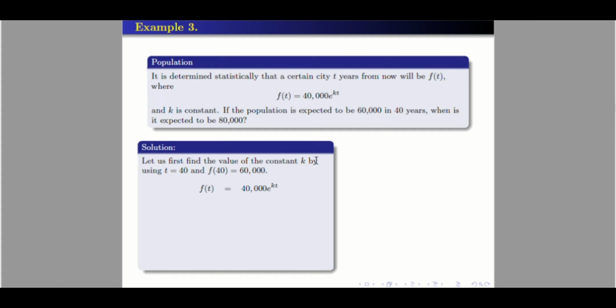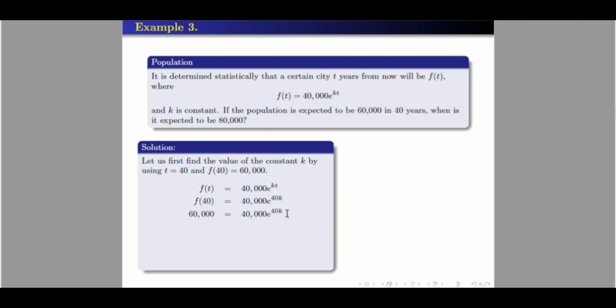So let us first find the value of the constant k by using t equal to 40 years. And of course, f of 40 is 60,000 because this is the population in 40 years. So f of 40 equals 40,000 e raised to 40k because our time for this particular situation is 40 years.